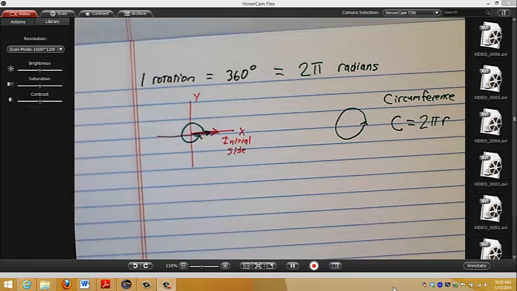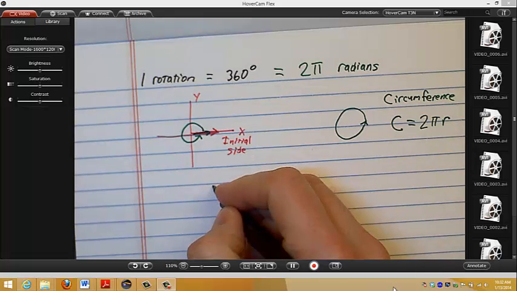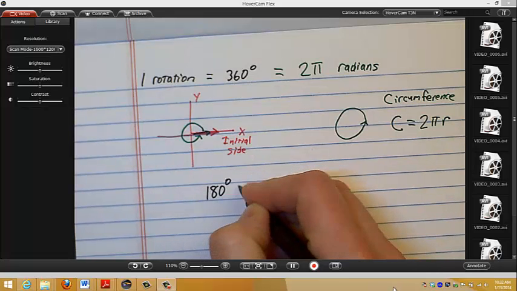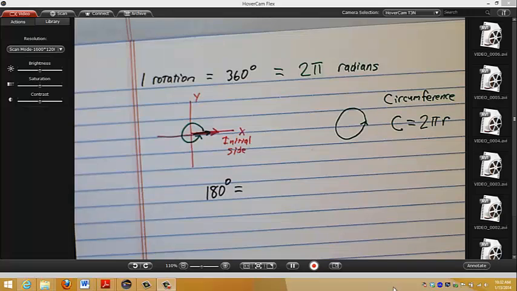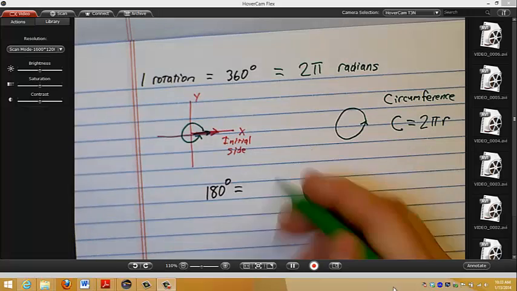So 1 rotation is equal to 2 pi radians. And see, now I can do some other conversions. I can say, okay, suppose I have 180 degrees. We know that's half of a rotation. How many radians is it? Do you see that it would have to be pi? Sure. Pi radians.